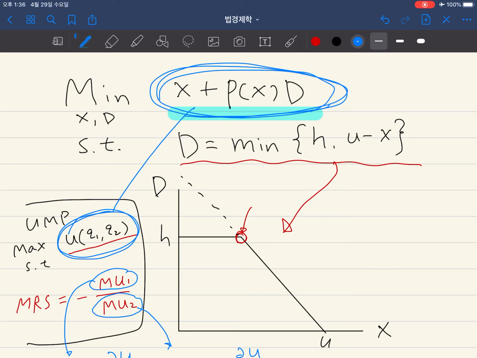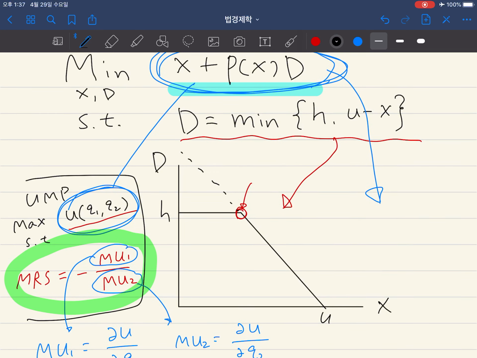Then let's think about MRS. We're gonna use this formula over here, so we get minus, and in numerator we have mu1, which is a partial derivative of utility function with respect to q1.